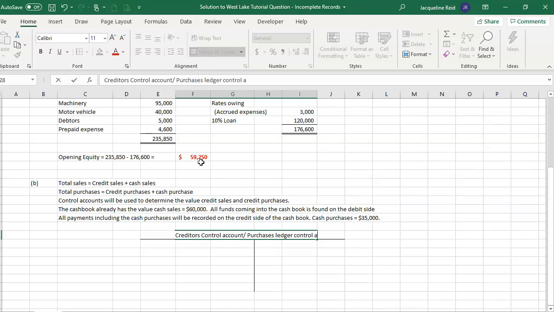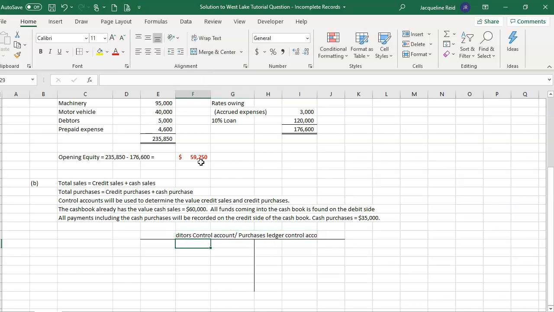And this account is used to compute the credit purchases. So the first thing we need to note is the positioning of opening and closing balances.